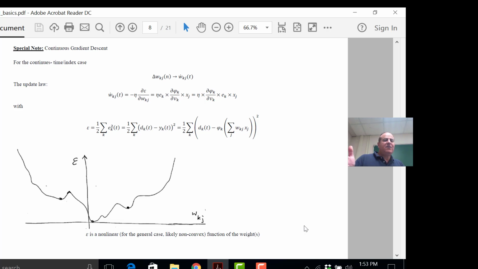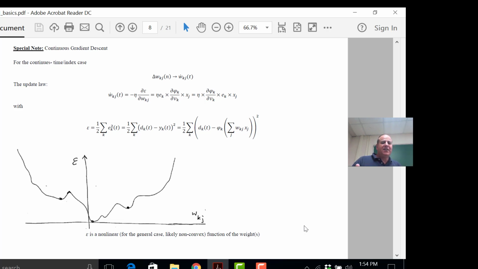Because in the continuous, the cost function, the loss function, is viewed as a function of the variables of interest, which in this case are the weights. So you have an error squared, but then that error is a function of the difference between the output and the desired value, and the output is a nonlinear function of an input, and the input is a weighted sum of other signals, and so on. Okay? Your variable of interest is the weights.